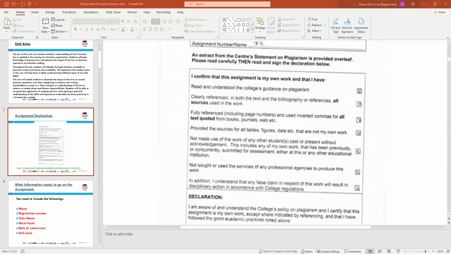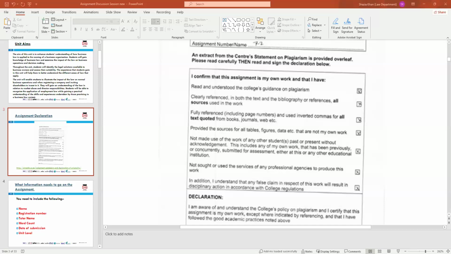So you need to make sure you are not using anyone else's work and that you are not colluding, and you are not using the services of any sort of professional service that produces your work. I'll give you an example. We had a student at the university who used something like an online essay bank, and the actual organization reported her for cheating, even though they took money off her.